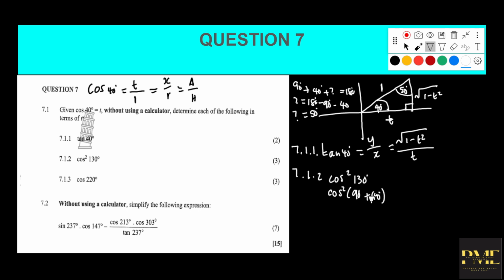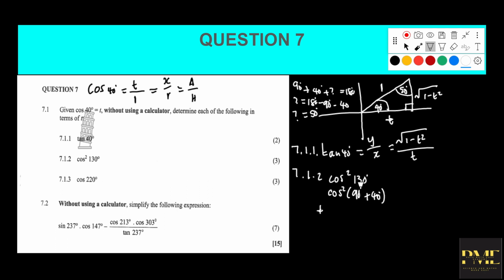Okay, right, cool. So 90 plus 40, we see it falls in the second quadrant, and cos in the second quadrant is negative, right? But since this cos is squared, this negative is going to be multiplied by a negative, so we end up with a positive. So as much as the reduction is in the second quadrant and cos is negative there, because of the squared it ends up positive at the end of the day.